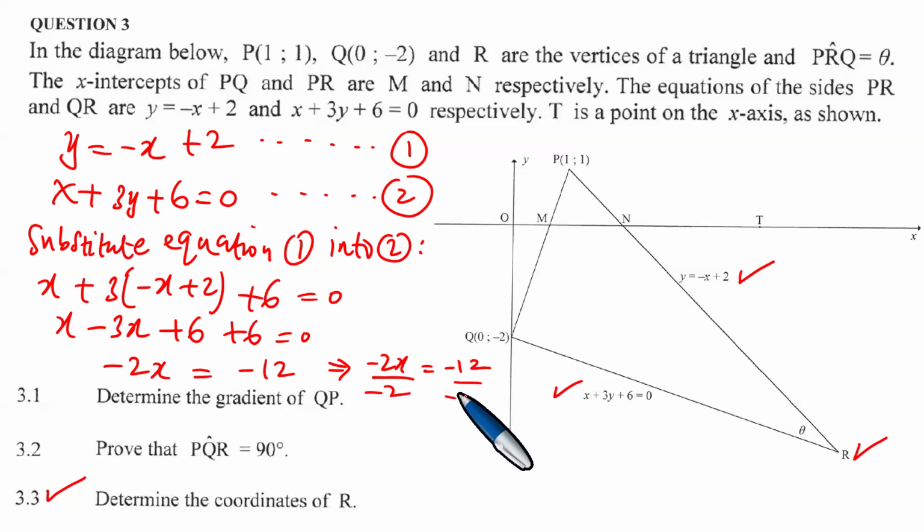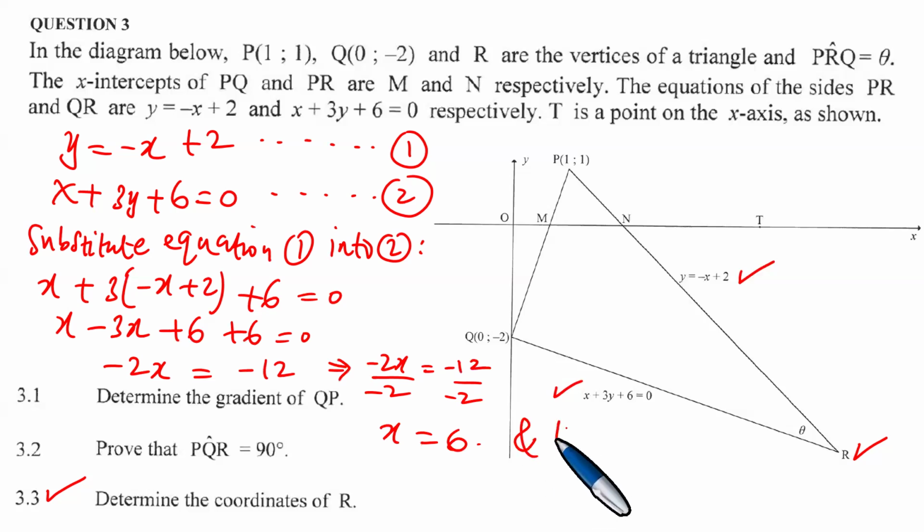Divide by minus 2, so that x equals 6. That becomes the actual value of x at the point R.